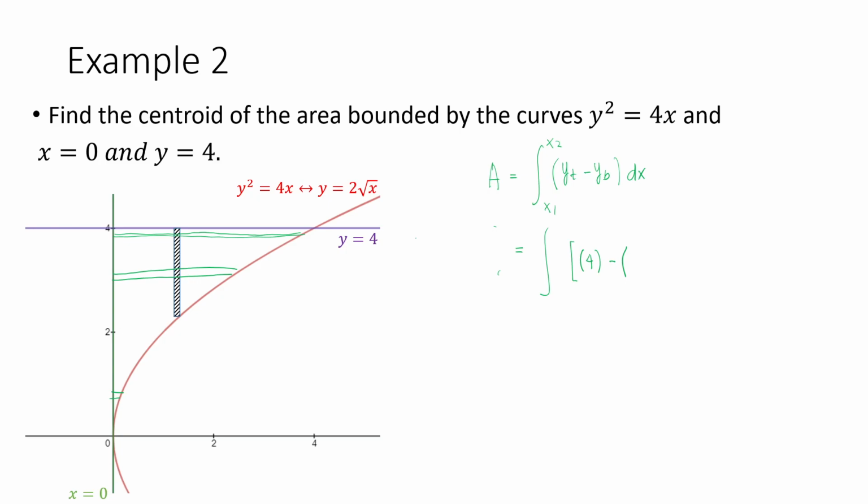So this is 2 square root of x, and then dx. So again, x1 is on the left portion, that would be 0, going towards the right portion, 4. So this one is 0 and 4. And then the area would be equal to blank units.